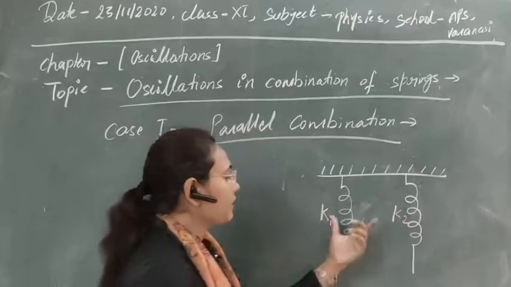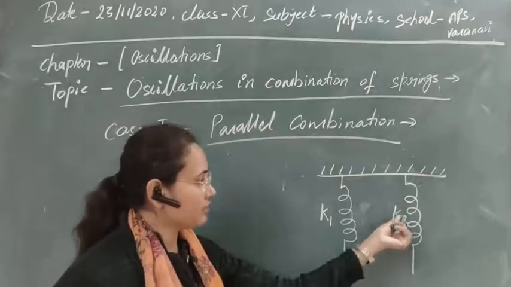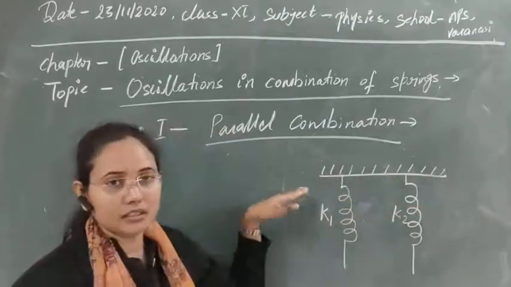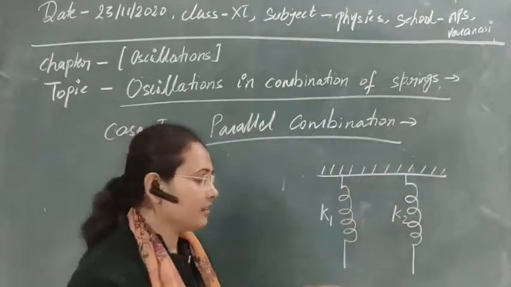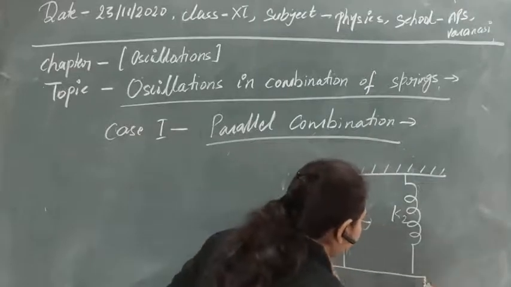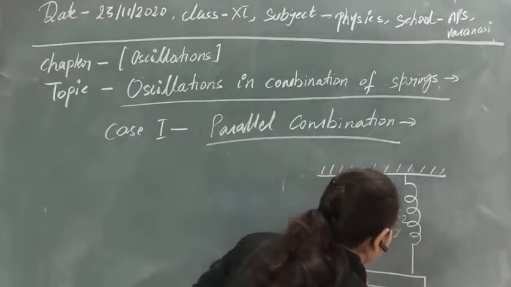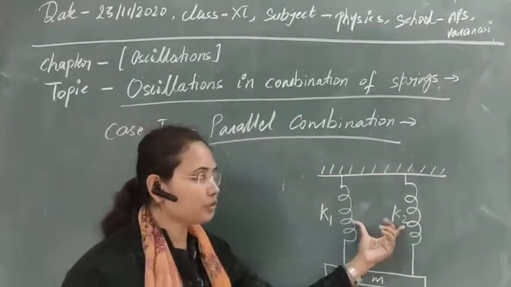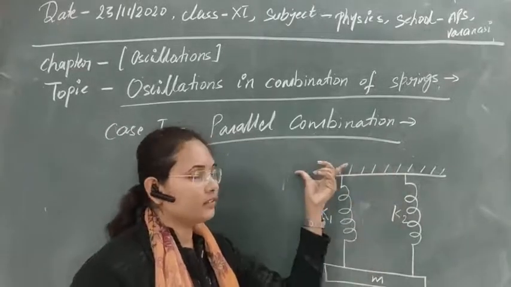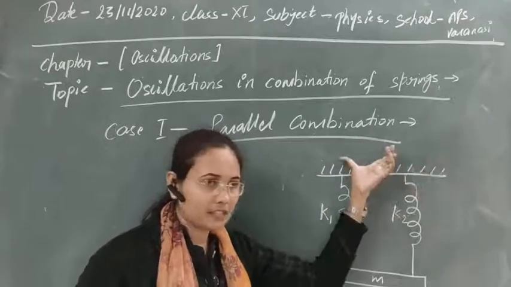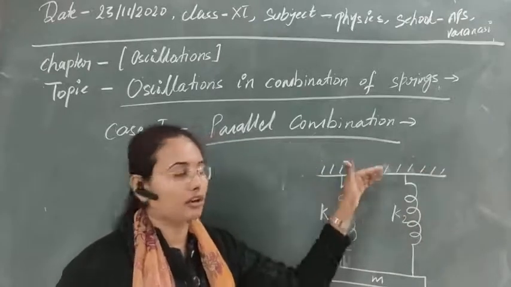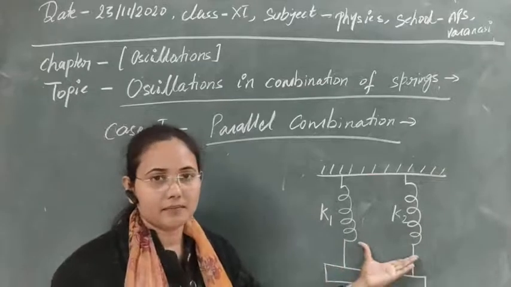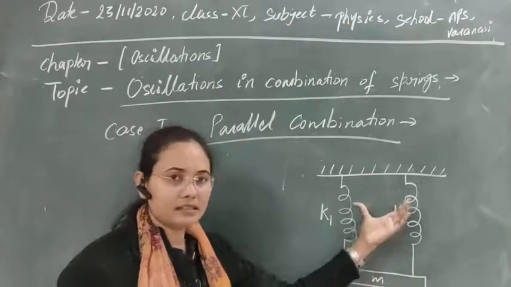These two springs are hanging from the same horizontal fixed end, and now we attach a mass just like this to them. A single mass is attached to two springs that are fixed to the same fixed wall. Then this type of combination is a parallel combination. I think that's clear to you.